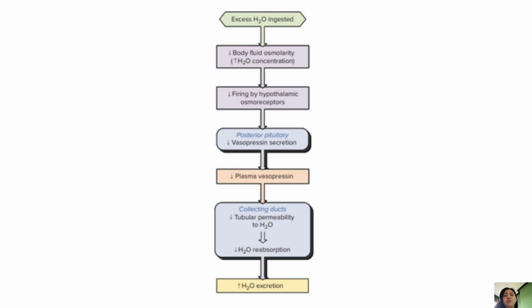In this diagram, the osmoreceptor pathway decreases vasopressin secretion and increases water excretion when excess water is ingested. The opposite events, an increase in vasopressin secretion, occur when osmolarity increases, as during water deprivation.